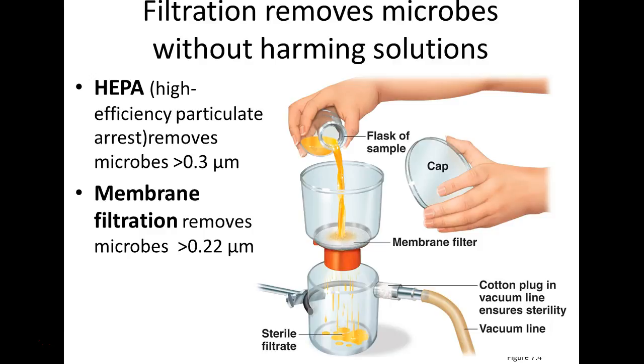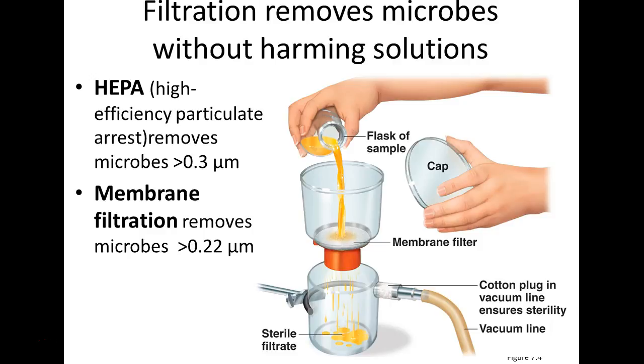If you have a HEPA filter, and a HEPA filter is something that's pretty common, a HEPA filter removes microbes that are greater than 0.3 microns in size. Does that remove bacteria? If you remember the size of bacteria, you should know that they are generally about a micron in every dimension.